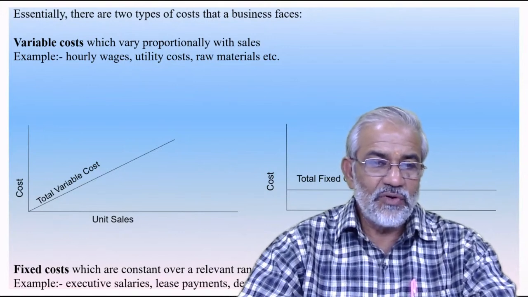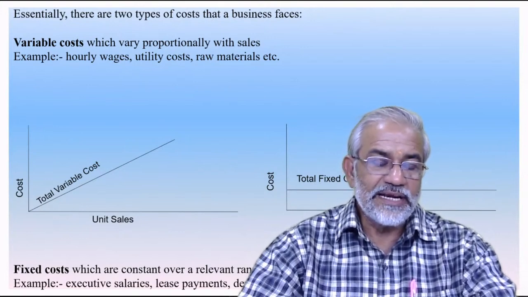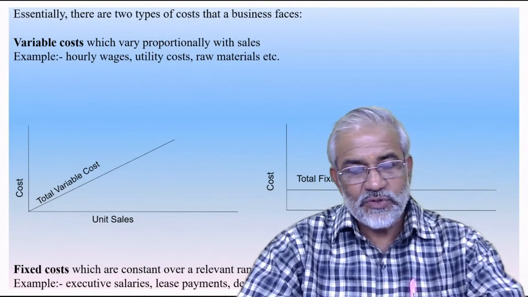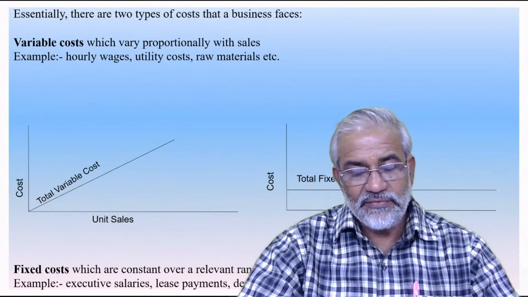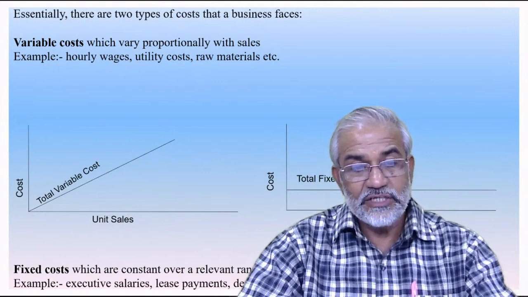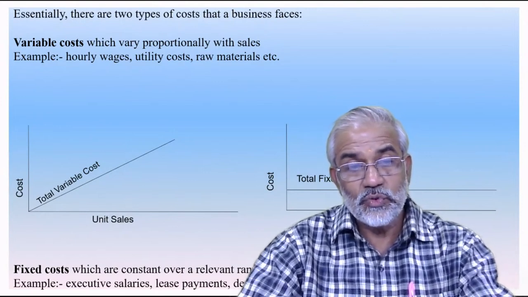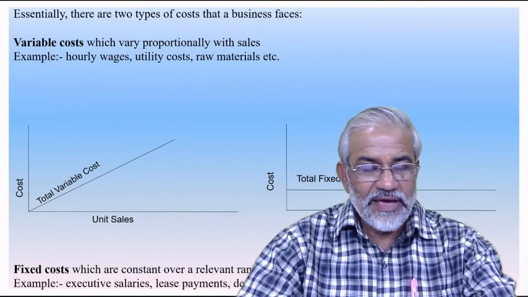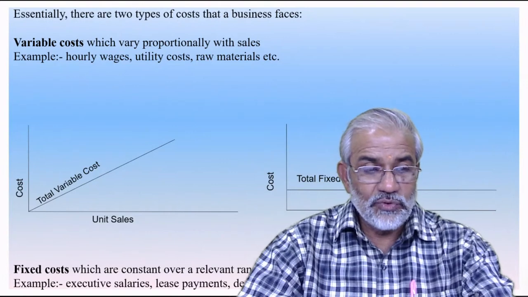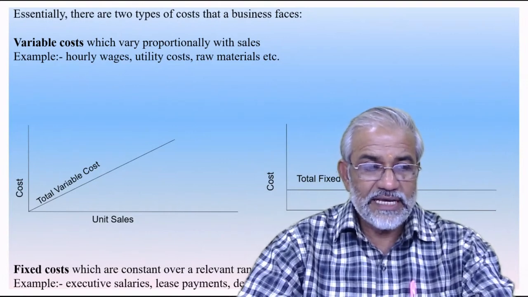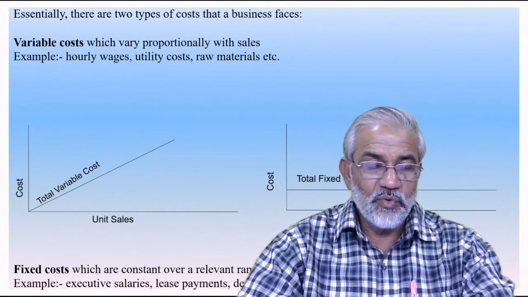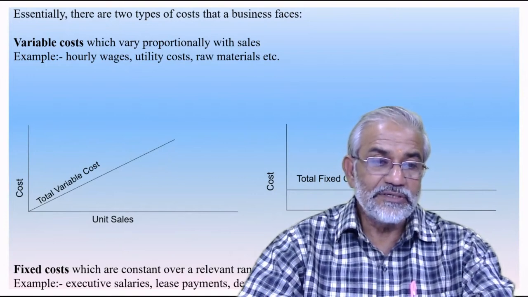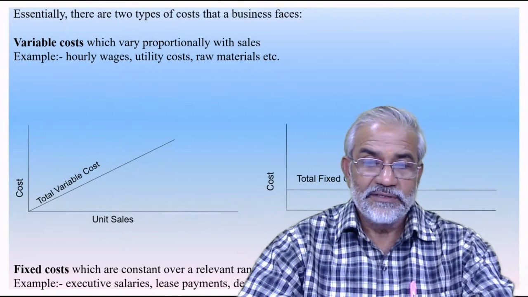Then the total variable cost will be in an upward trend, because when the number of units produced goes on increasing, the total variable cost will also go on increasing in a proportionate manner. That's why the variable cost starts from 0, from the corner of the x-axis and y-axis, and goes on increasing in an upward trend, because that is the total variable cost.